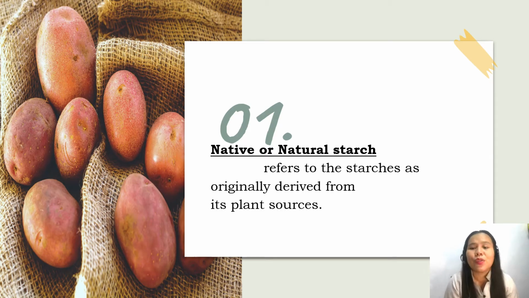This refers to the starches as originally derived from its plant source. This means there is no alteration or modification that happened to the starch. It's like you just eat sweet potato or corn or any fresh cereal or grains, and from that, you can get the natural starches.